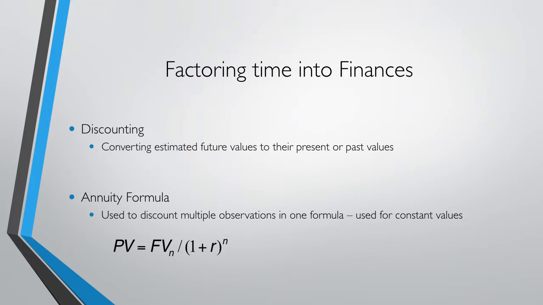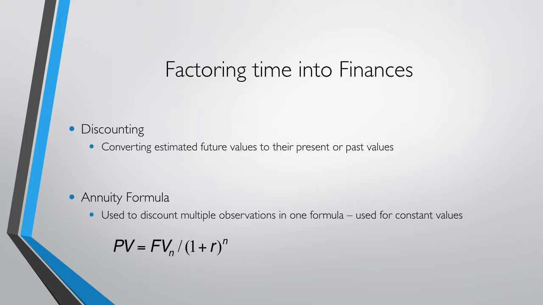Now, the annuity formula does the same thing that the projects he outlines on page 318 do, but the only difference is that the annuity formula assumes the return on the project to be constant. When you have a constant return on your investment, you can just plug all your values into this formula instead of doing the calculation several times, depending on how many years you have.